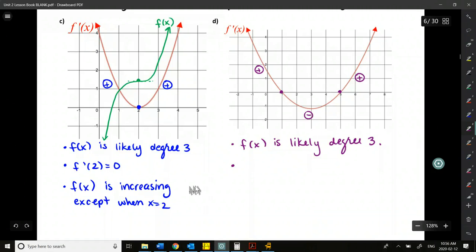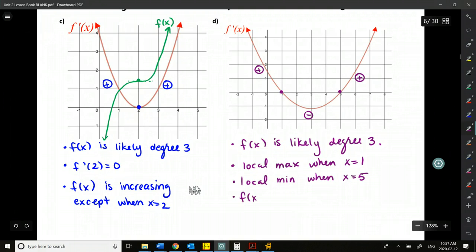Okay, so if we're changing from positive to negative, we're changing from increasing to decreasing. So there must be a local max when x equals 1. And then again, if we're changing from decreasing to increasing, when the derivative changes from negative to positive, there must be a local min when x equals 5.